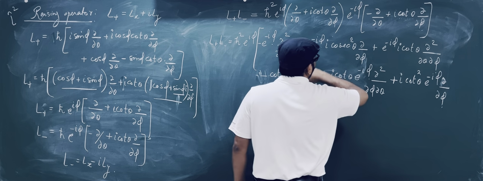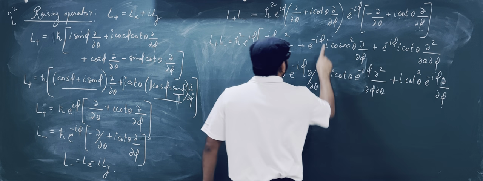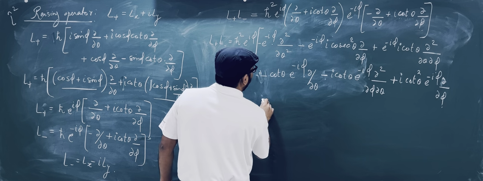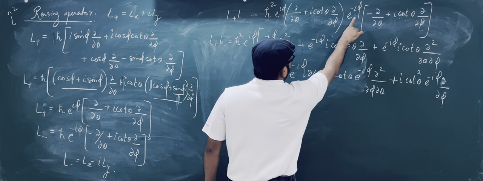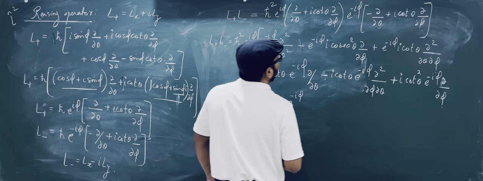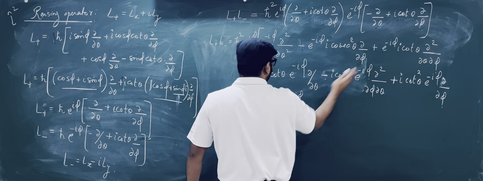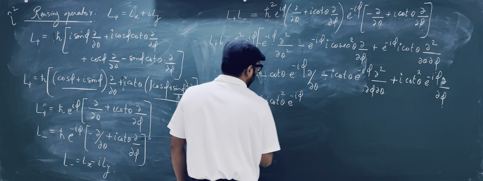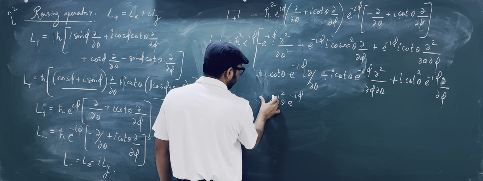Now, again, this is going to operate on this thing, okay? So it will become plus I cot of theta, all right? So e power minus I phi we have taken out, e power minus I phi is here, right? Now, I cot theta we can take out, so it will become cot square theta. I, if we take out, it will become I square, which will become minus 1.